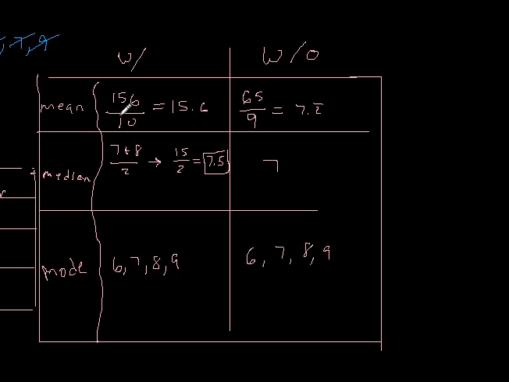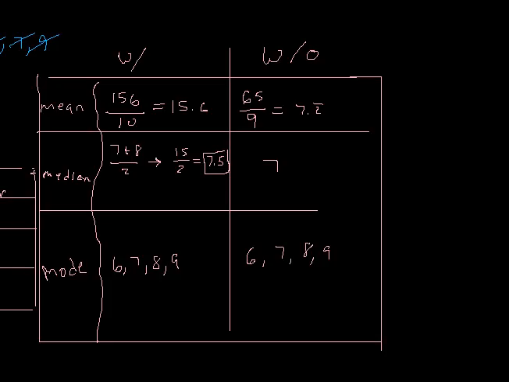So now that we've got our values, they're all written down, let's go back and ask ourselves which one of the three values, mean, median, or mode, is most affected by the outlier. Well, if we look down at the mode, nothing really changed. 6, 7, 8, 9 for both.